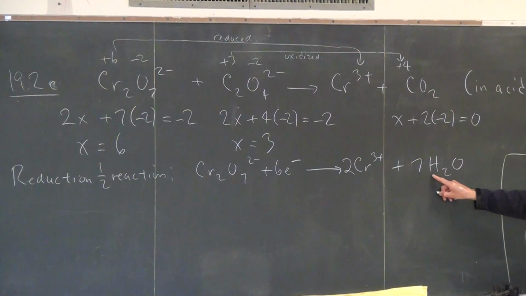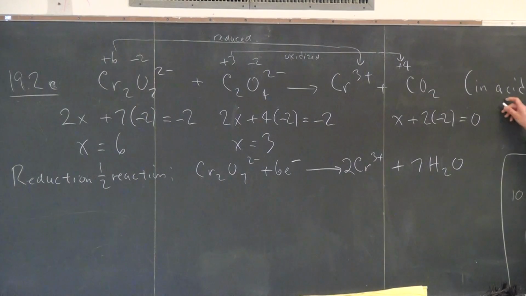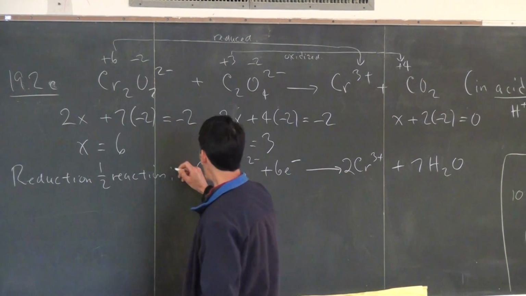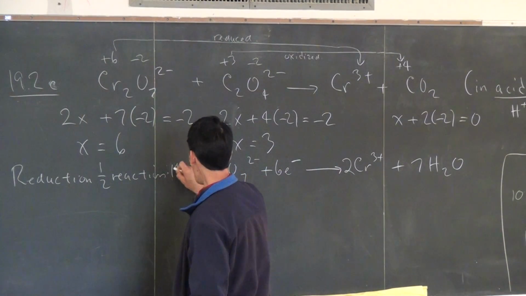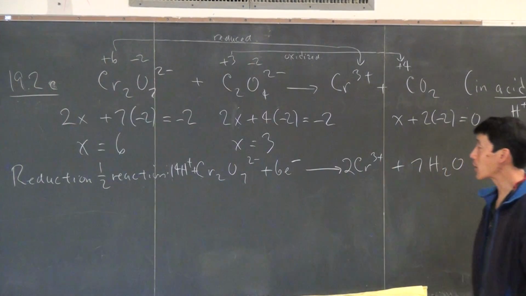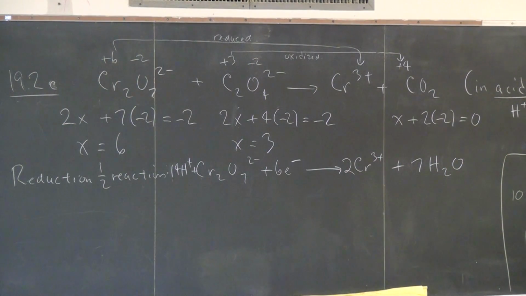We have 14 H's on the product side and none on the reactant side. Since this is an acid solution, and acid means H+, we'll add 14 H+ on the reactant side. And that balances the H's.